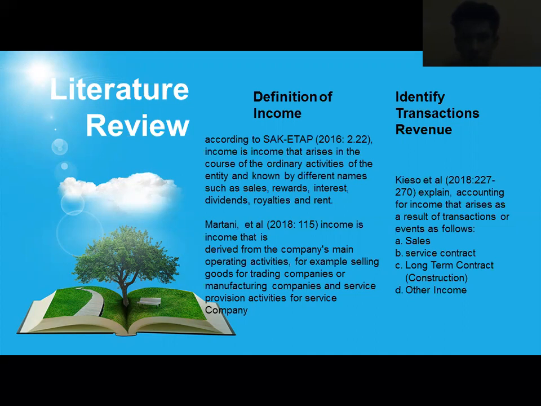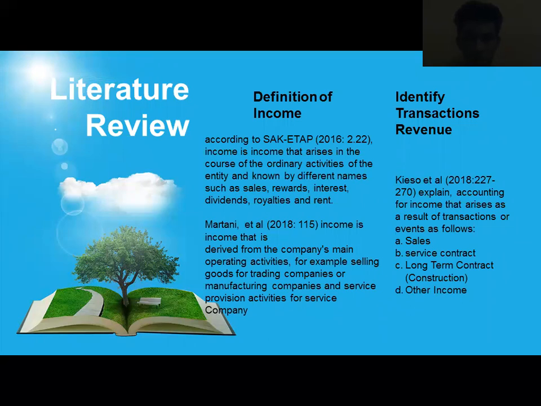2018, page 150. Income is income that is derived from the company's main operating activities. For example, selling goods for trading companies or manufacturing companies and service provision activities for service companies. The next is identify transaction revenue.